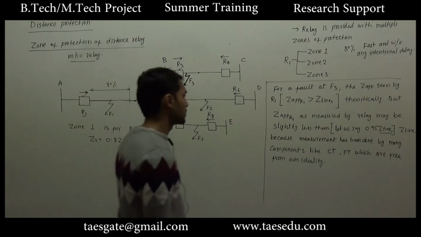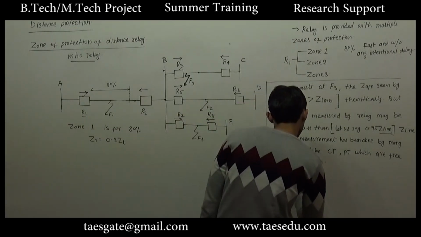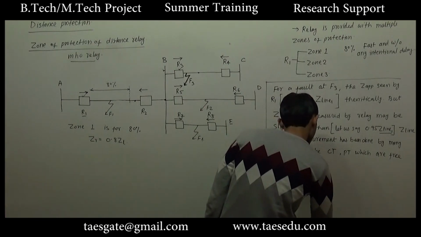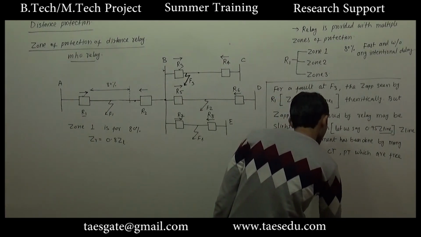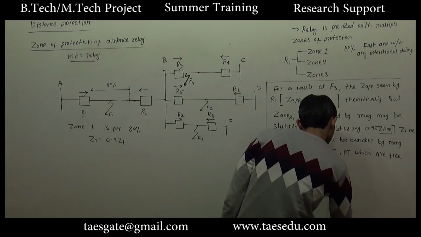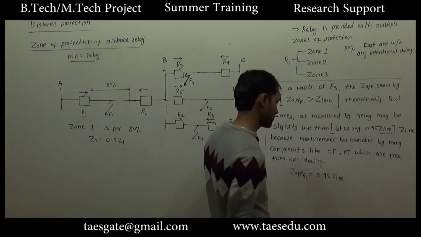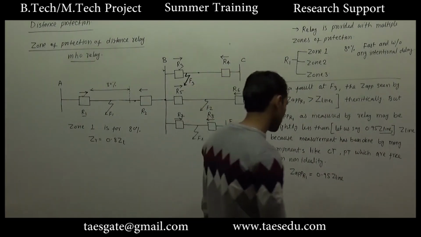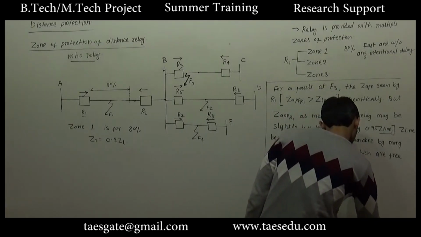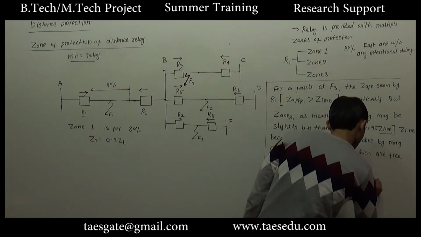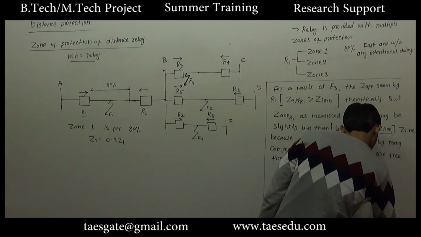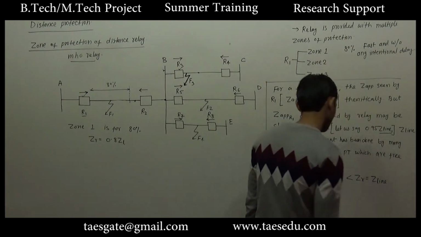So in that case, what will happen? Z apparent as measured by R1, which is equal to, let's say, 0.95 Z line, will be less than the reference impedance if the reference impedance is set at 100% of the Z line.